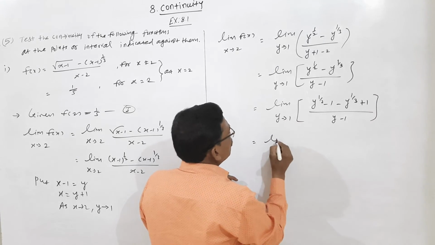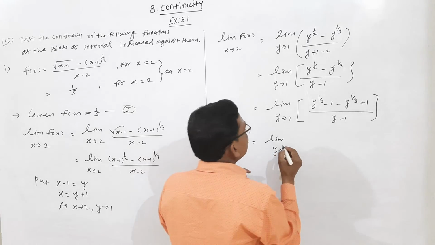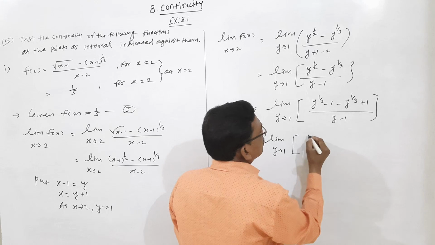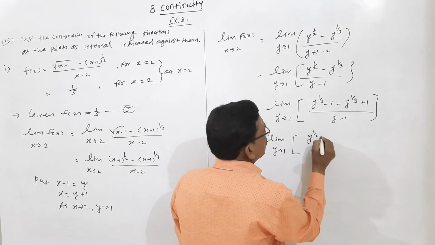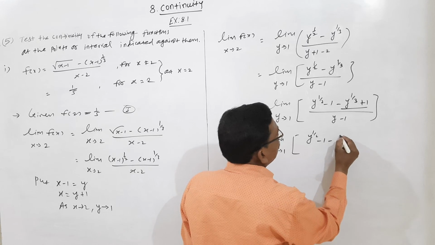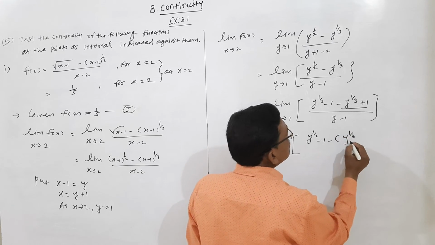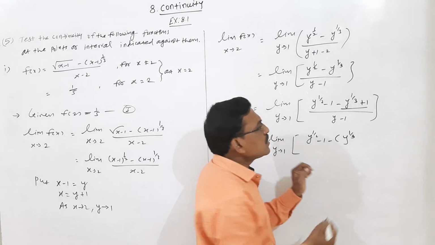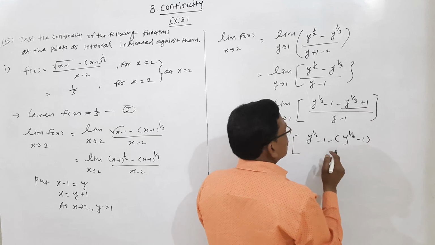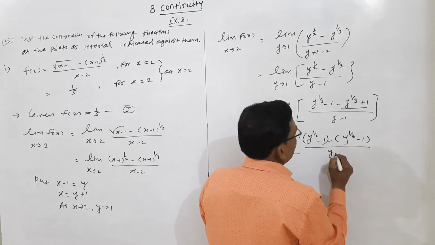Therefore, taking minus common from the two terms, it remains y raised to 1 by 3 minus 1, minus into minus is plus, all divided by y minus 1.